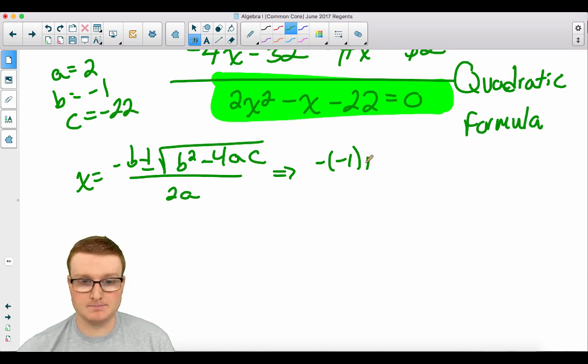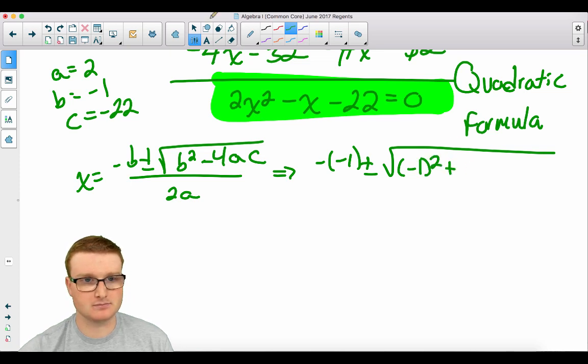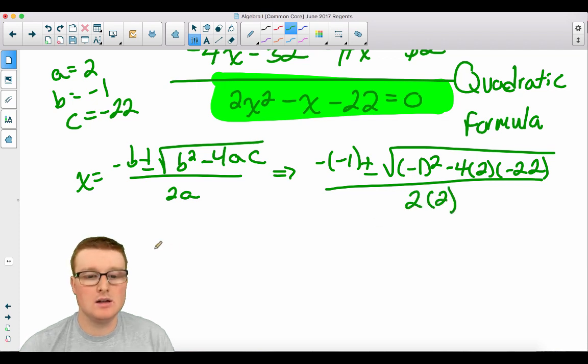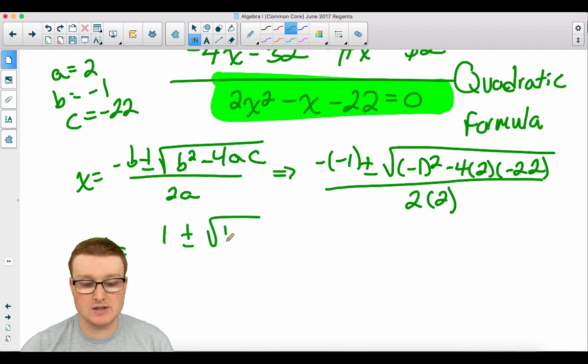So plug all this in. Okay, and now you just simplify a little bit further. So we get positive 1 plus minus the square root. Underneath the radical is 177 when you evaluate that, all over 4.